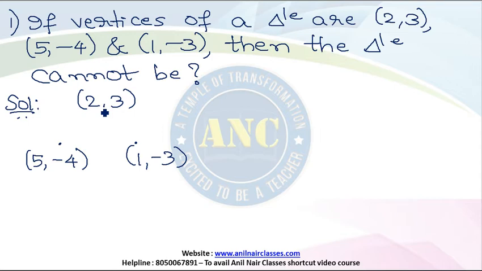In simple language, 2 and 3 are rational numbers. 5 and minus 4 are rational numbers. 1 and minus 3 are rational numbers. That means all the coordinates of the vertices of the triangle given in this question are rational numbers.